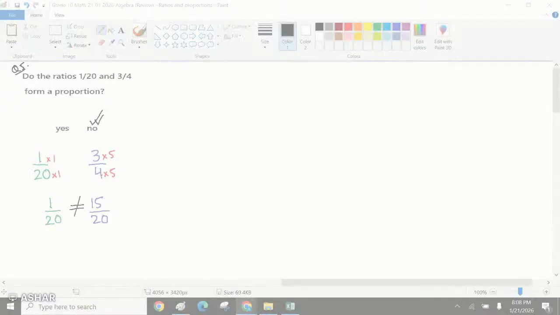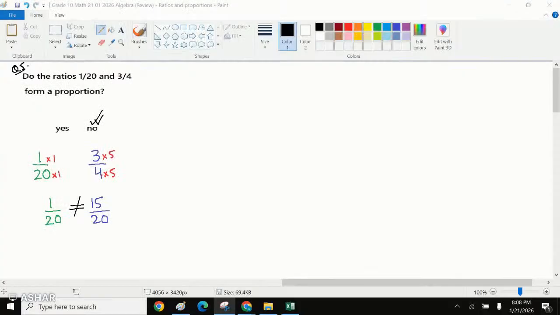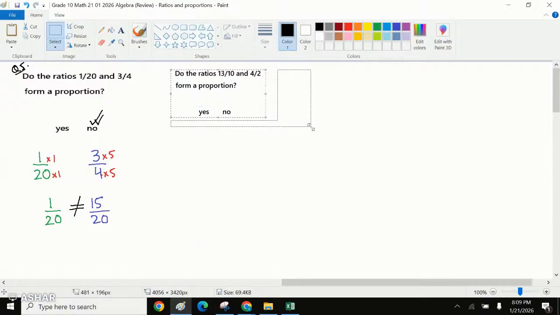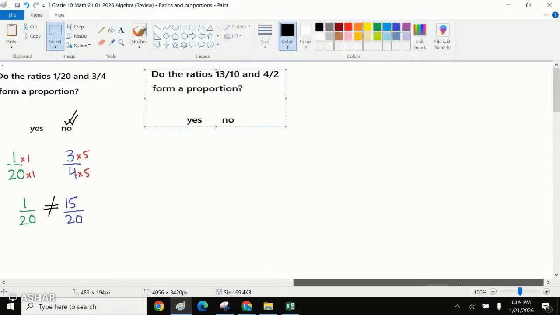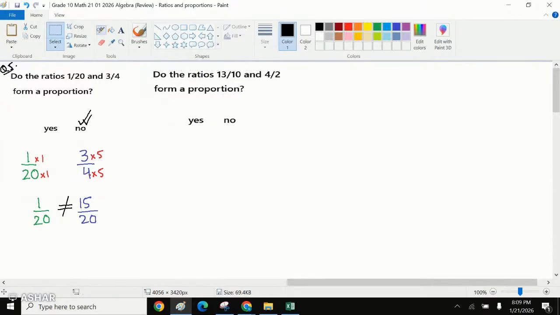Okay. Do the ratios 3 upon 10 and 4 upon 2 have a proportion? For question number 6, let me just realign this. Okay, we have realigned this. So the numbers given in question number 6 were 13 upon 10 and 4 upon 2, right?